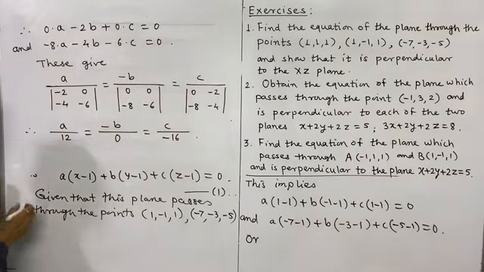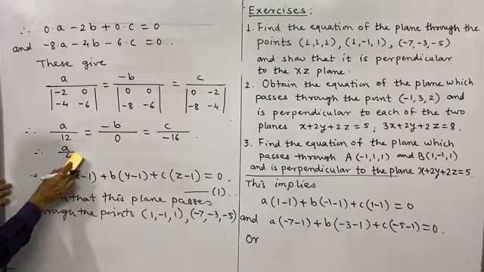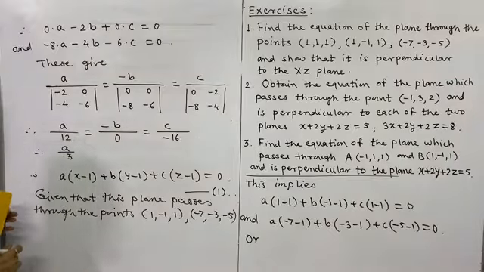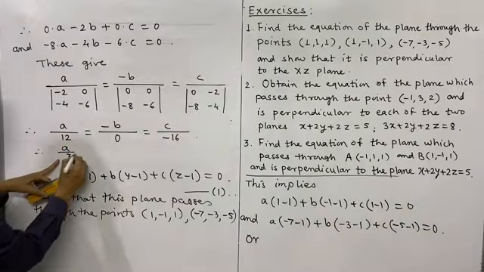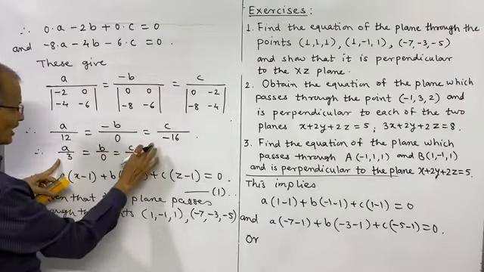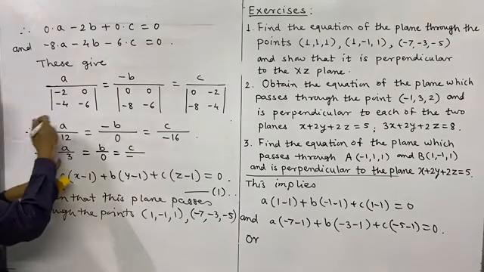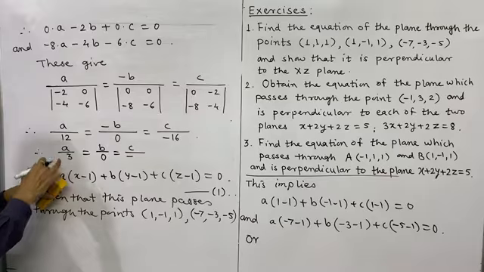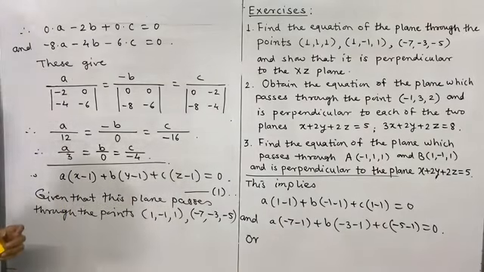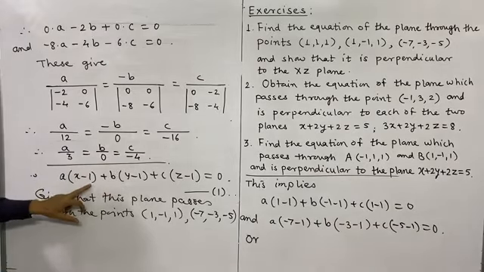That gives a divided by 3 is equal to b divided by 0 is equal to c divided by minus 4, dividing the denominators by 4. So thus we can take the value of a as 3, b as 0 and c as minus 4 and put this in 1.